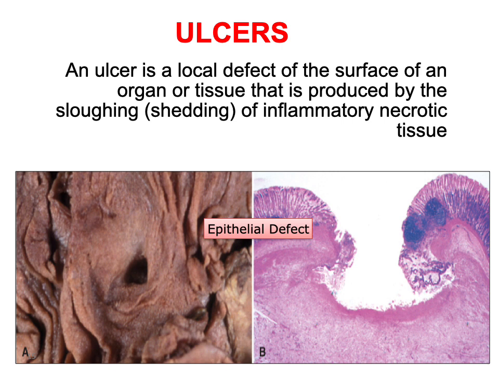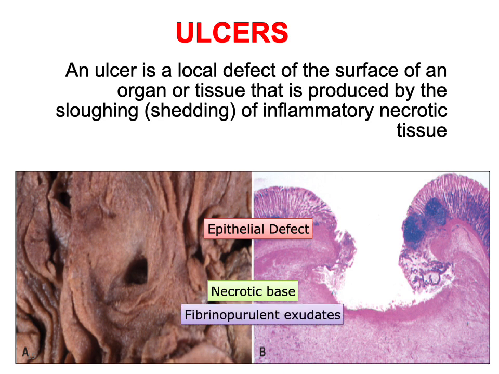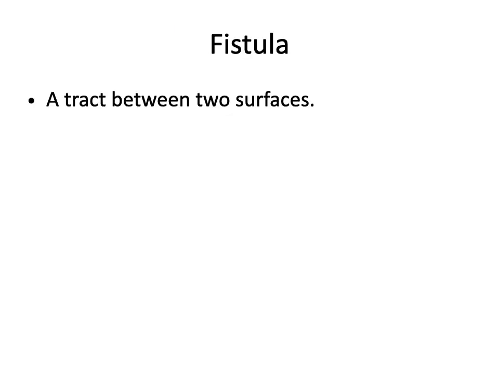Here you can see a defect in the epithelial surface, and then you have a base that is necrotic. Here you have exudates, this bright pink material, and then you have granulation tissue or healing tissue underneath. Some terms also include fistula, which is a connection between two surfaces.